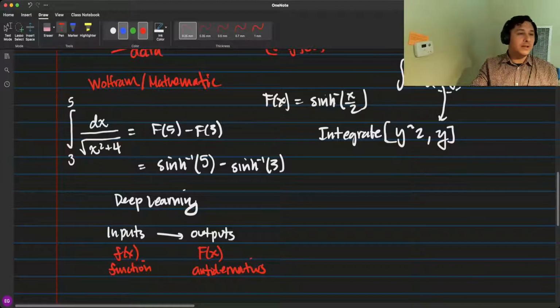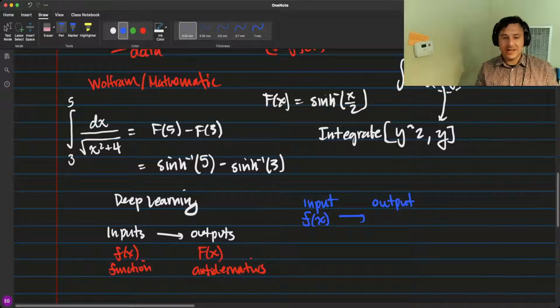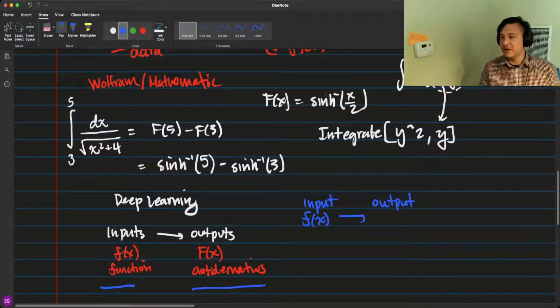The whole point of the deep learning algorithm is that you want to be able to give it a function, and then what would it output? What is it learning to do? It's trying to learn the connection between these two things. You gave it a bunch of functions paired with their antiderivatives.